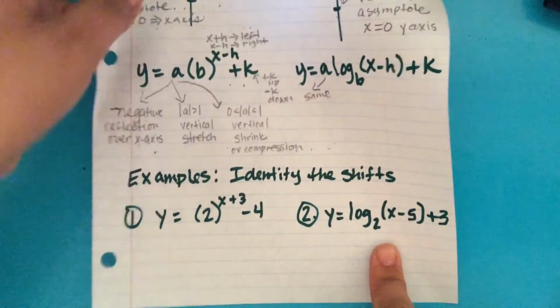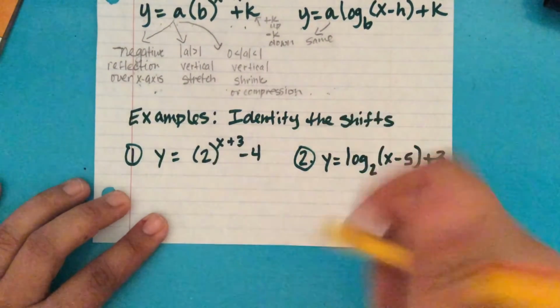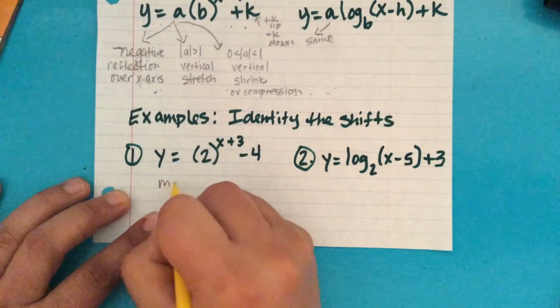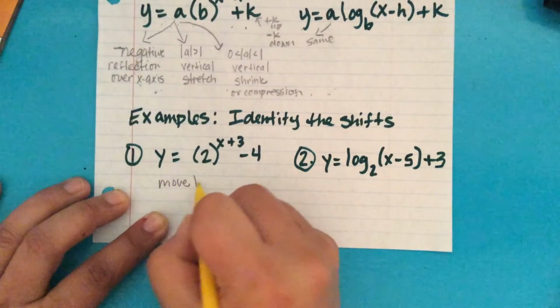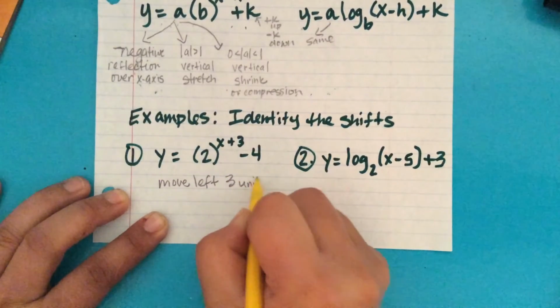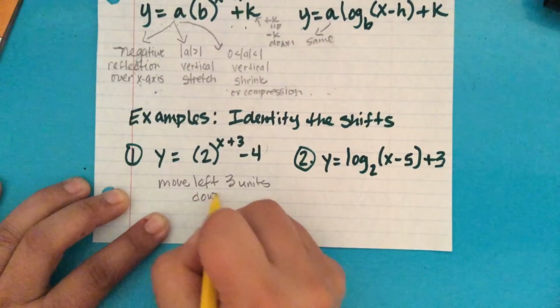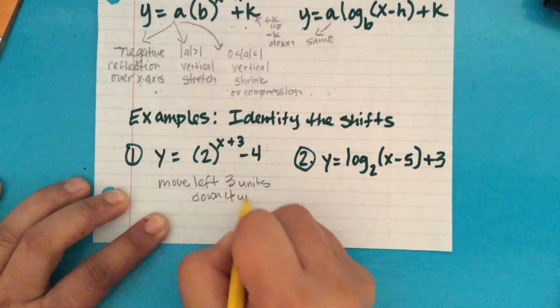Okay, so let's identify the shifts for number 1. Example here. This one is going to move left 3 units, and it's going to move down 4 units.